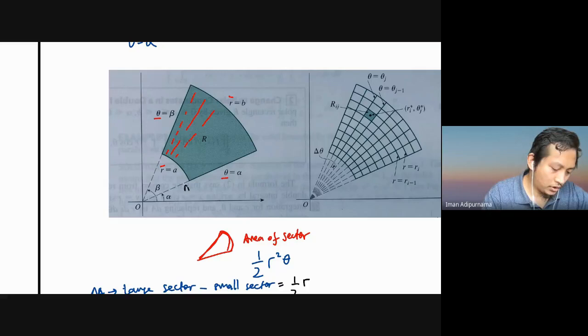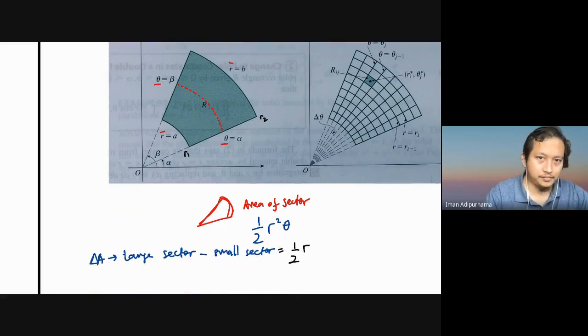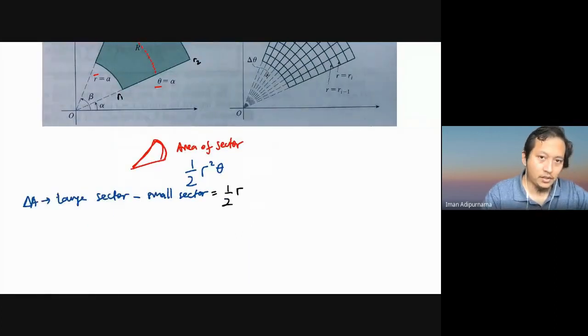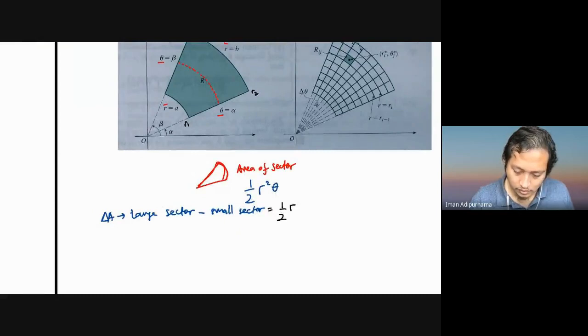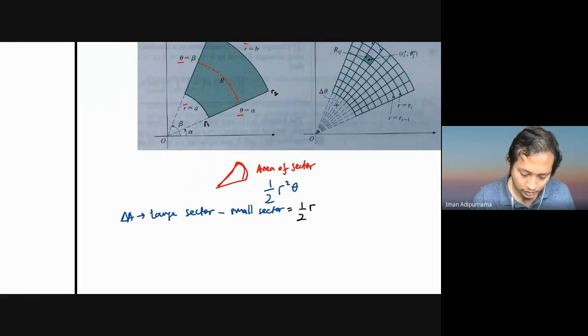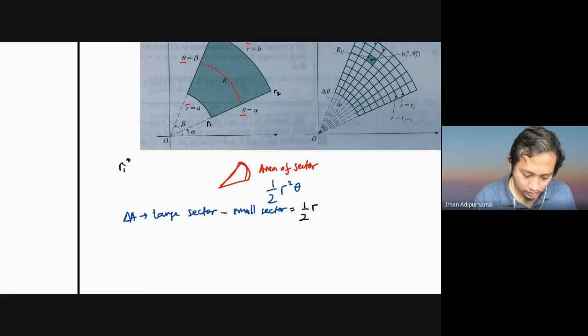Let's say this is R1, R2, and let's take some random r in between A and B. Ri is the center of the polar rectangle.